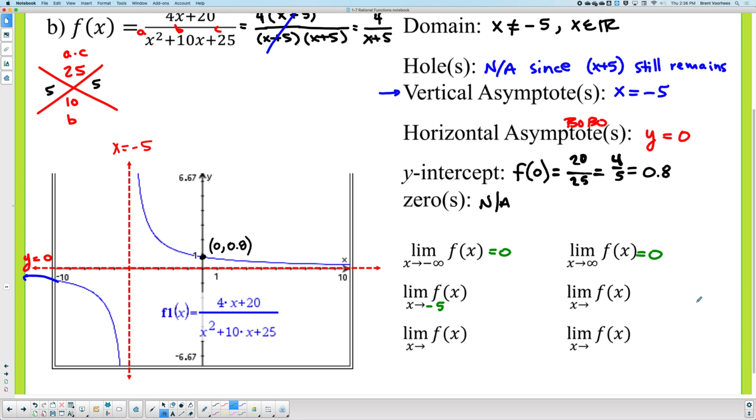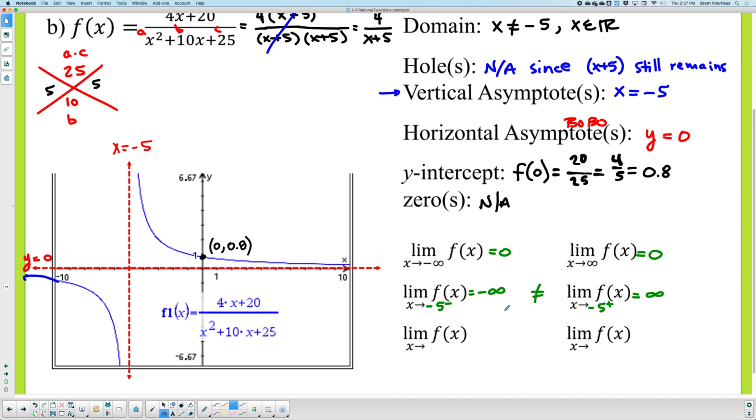Okay, what about, we have a break here at -5. Let's look at the left side and right side of -5. On the left side, what happens on the left side of this graph? It falls. -infinity. What happens on the right side? It rises. Are those the same?